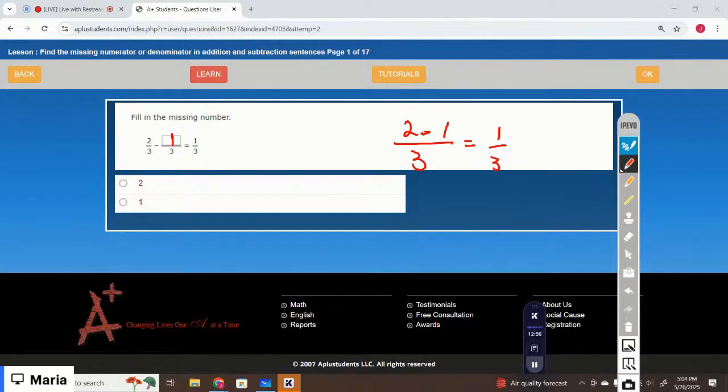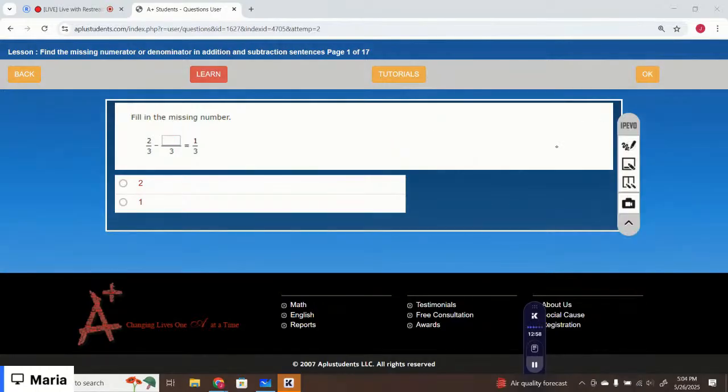The missing number is 1, option number 2 is the correct option.